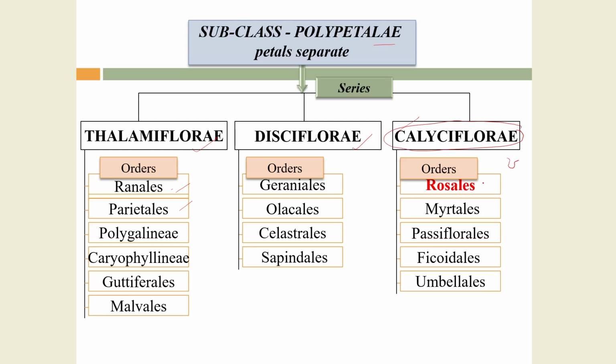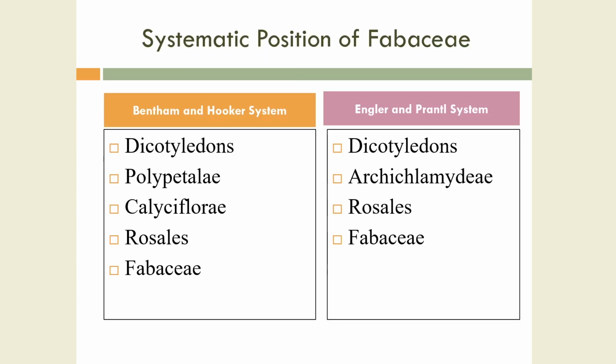So first we are going to study the order Rosales, and this particular Fabaceae family belongs to this order. Comparing the Bentham-Hooker and Engler-Prantl systems, both placed this in the dicotyledons. Bentham-Hooker placed this in Polypetalae, where the petals are free, and Engler-Prantl placed it in Archichlamydeae.